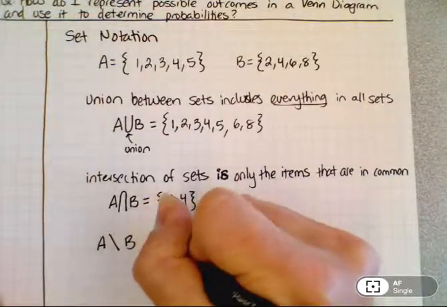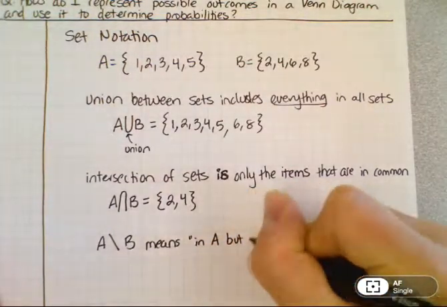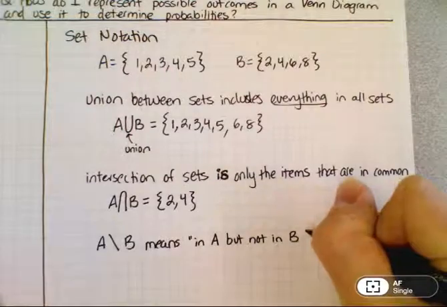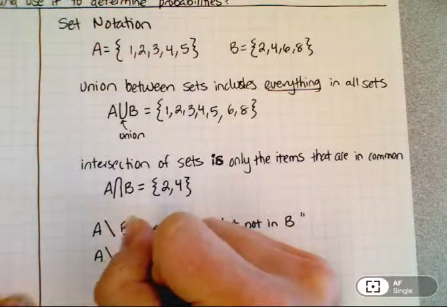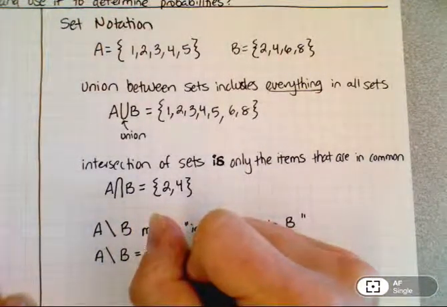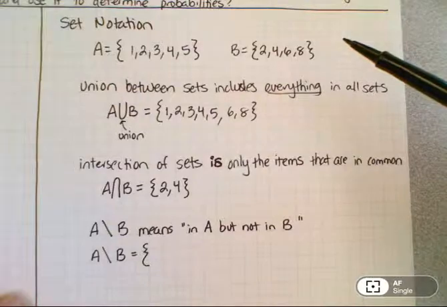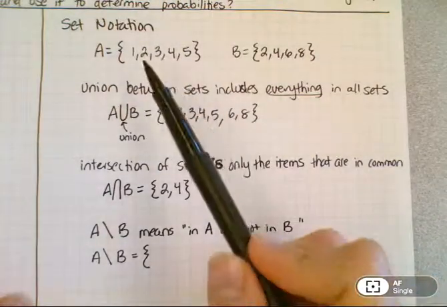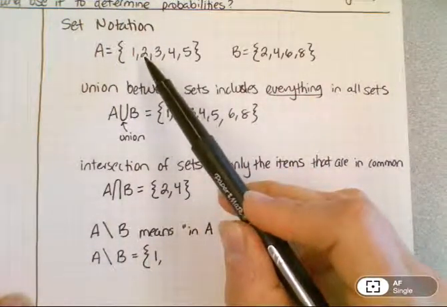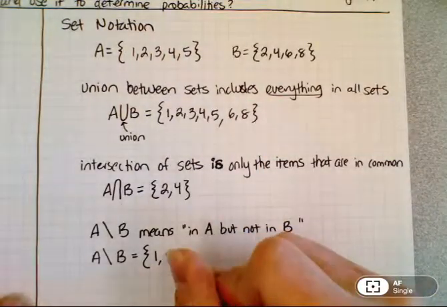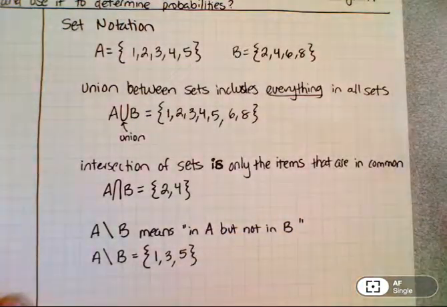And that means in A, but not in B. So for these sets, A not B, we would say equals, and we would want to list all of the items that are in set A, but not in set B. So in this case, 1 is in set A, but not in B. 2, we're not going to put that because it's in both sets. 3 is in set A, but not B. 4 is in both sets. 5 is in set A, but not in B.